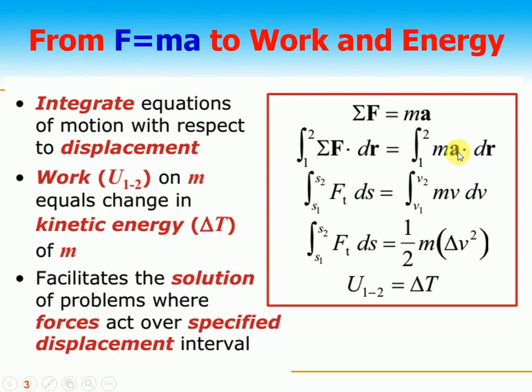If you remember, dr is the same as ds. So it is mv dv. Now the variable is velocity, so the limits are v1 to v2. The integral of F ds, this is work done. If you integrate, this becomes half m delta v squared. So the work done from 1 to 2 is equal to the change in kinetic energy.